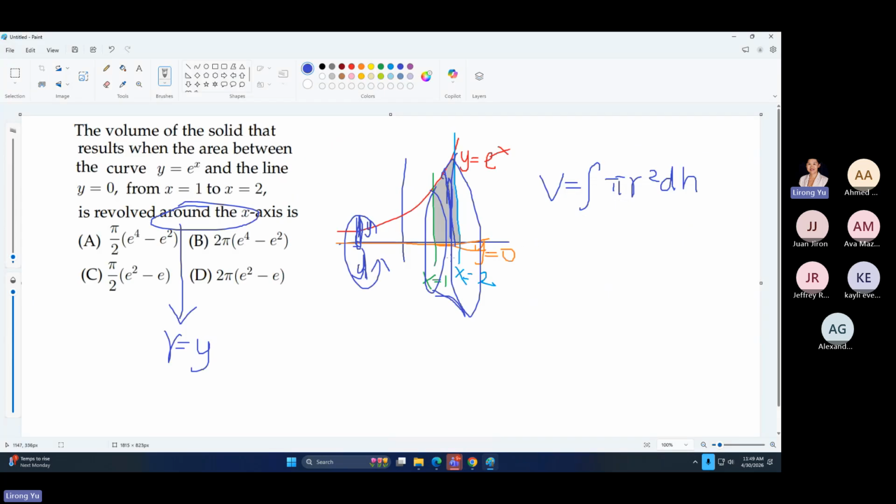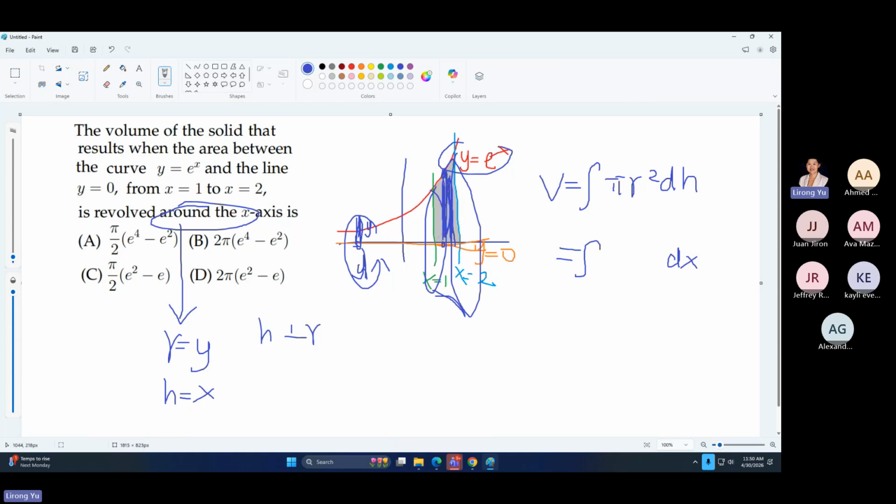So we already know r is equal to y, so this is going to be y squared, and the h is supposed to be perpendicular to the r. So if r equals y, then obviously h will be x, so we're going to do dx. And what would be the y? This is 0, and this is e to the x, minus 0.